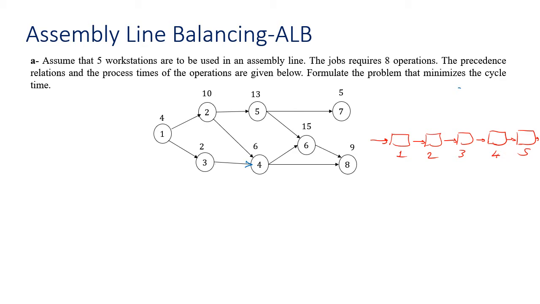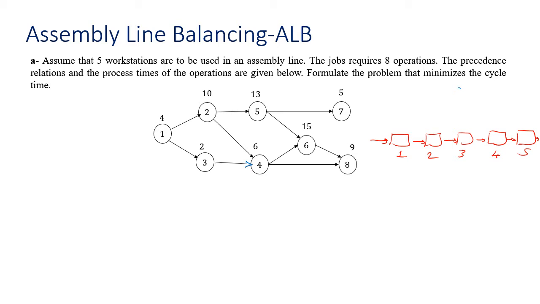And then using that decision variable, how can I write my objective function, which is the minimization of the cycle time, which is the minimization of the time of the slowest station? And then how can I write the necessary constraints? Okay, take a minute, please, and then continue to the video. Okay, now I hope that you had some idea.